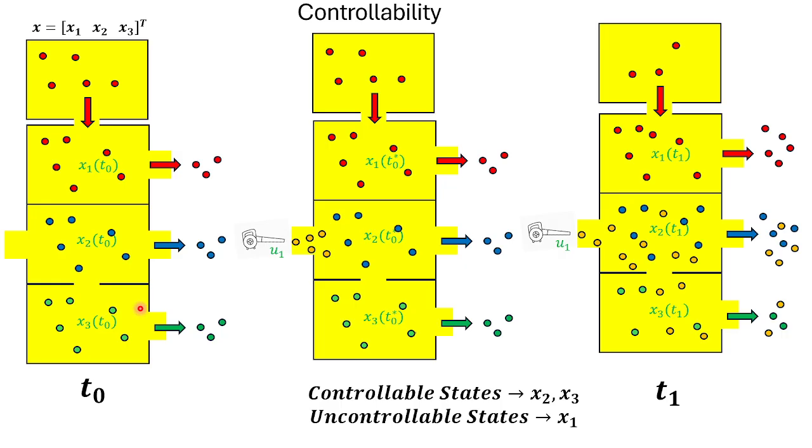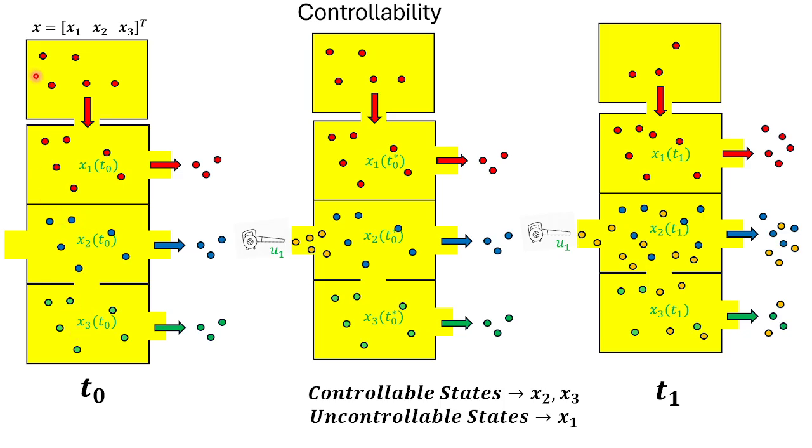The answer is no, because for controllability of this system, we need control over all the states. So we need to have control over x1, x2, x3, but we do not have control on x1, so it's not fully controllable. But is it partially controllable? The answer is yes, because we have control over x2 and x3.